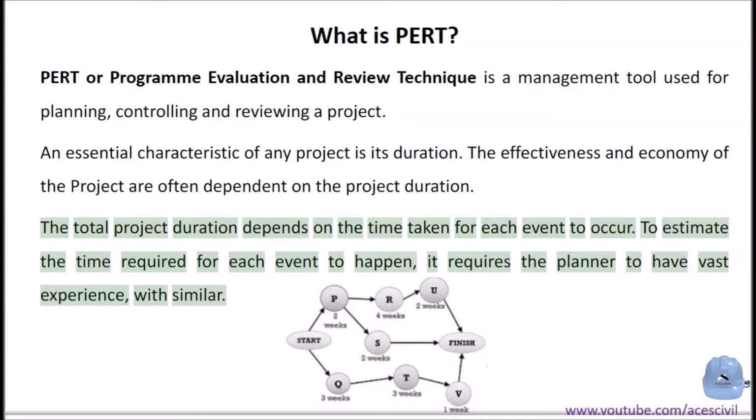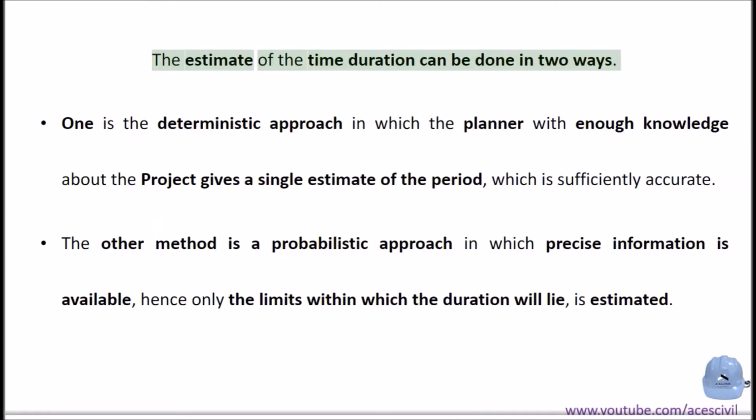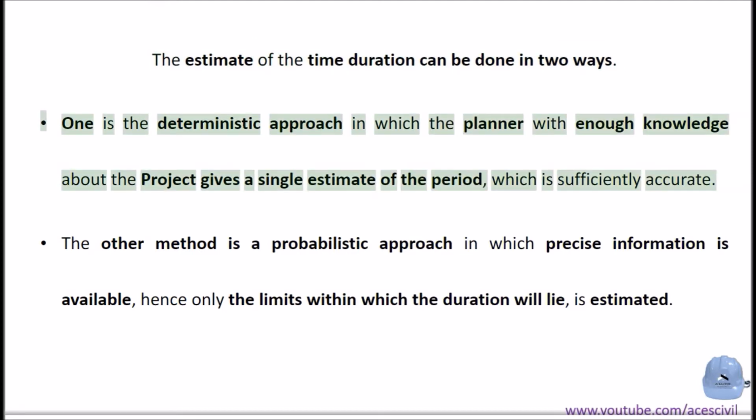To estimate the time required for each event to happen, it requires the planner to have vast experience with similar projects. The estimate of the time duration can be done in two ways. One is the deterministic approach, in which the planner with enough knowledge about the project gives a single estimate of the period which is sufficiently accurate.